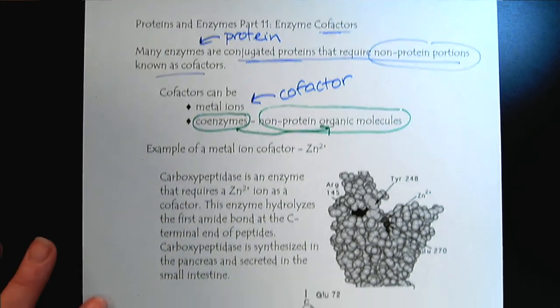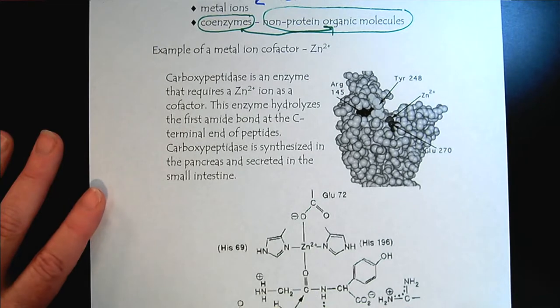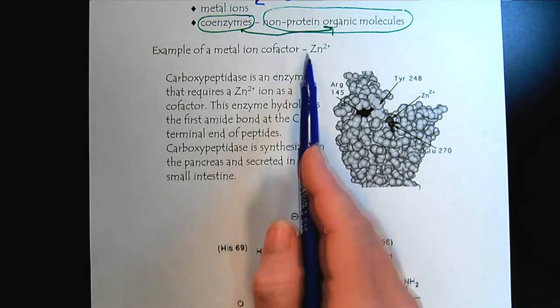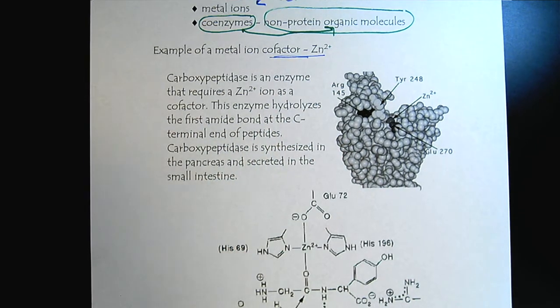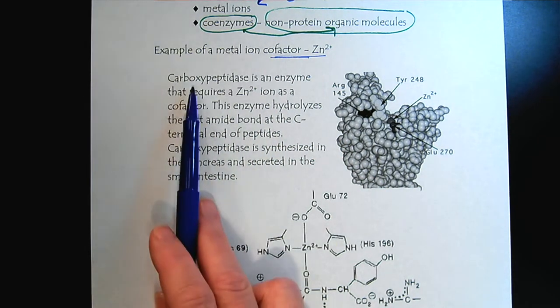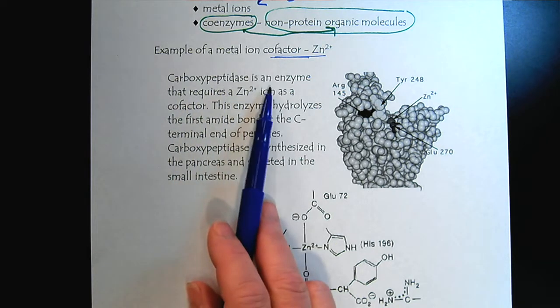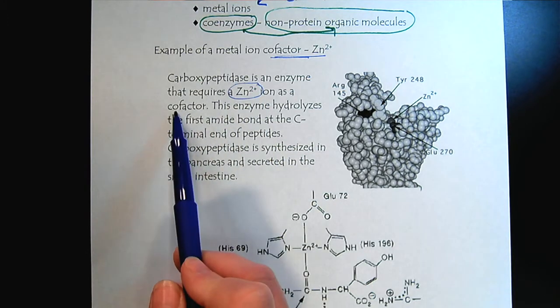So an example, zinc, right? We talk about zinc being important for our immunity and health, and it's an important cofactor in several enzymes. Here's one example: carboxypeptidase, or peptidase, is an enzyme that requires the zinc ion as a cofactor.